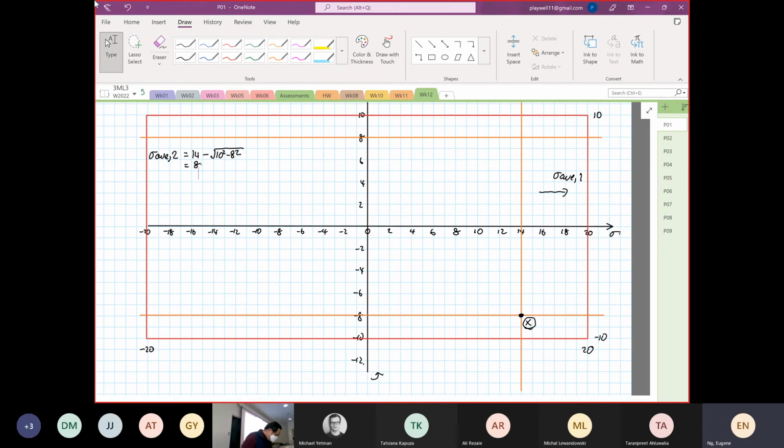We now know that the stress average is at 8. So I'm going to draw a green line to indicate the stress average is at 8.